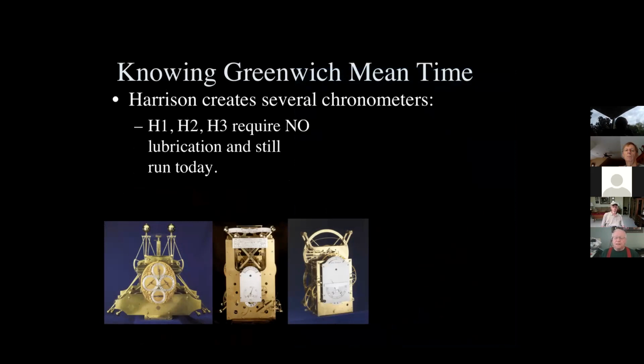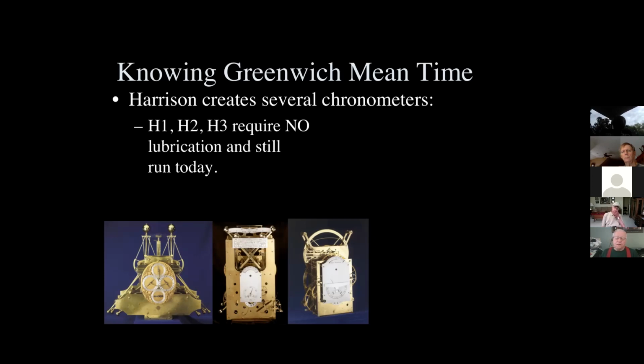H1, in fact, and the other two can still be run today. And if you go to the Royal Observatory at Greenwich, you may very well see one or more of these running. And here we are, coming up on 300 years later, and they still don't need any lubrication.